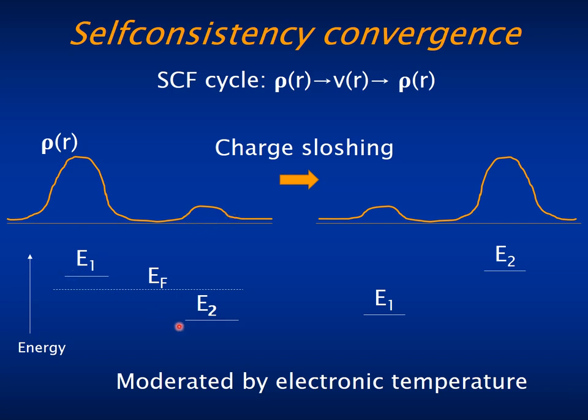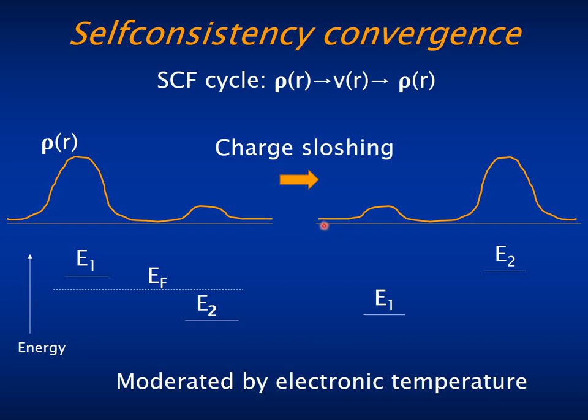So the energy scheme will be like this. If the Fermi energy happens to be in between the two states, this state will become charged because it is below the Fermi level, and this will become empty. And then in the next iteration, the charge will go from here to here and will be like that. And of course, this will repeat in the next iteration, and you will get a divergence of this process instead of convergence.